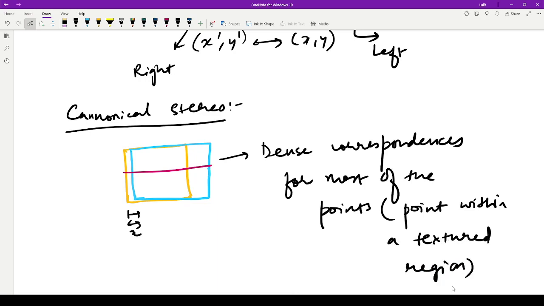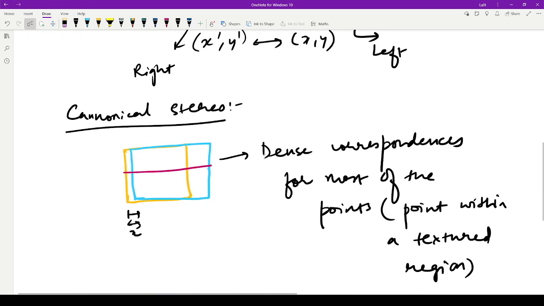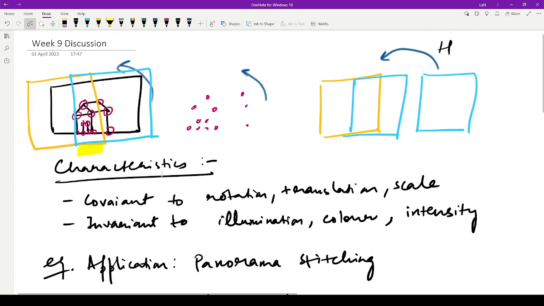But in general, you don't have this nice setup where your yellow image and blue image are aligned in this specific way, just shifted by a small value in the x direction. So you have to get the interest points. Since here you have pixel to pixel correspondences, almost for every pixel, but in the general case you have to get those correspondences in the first place.